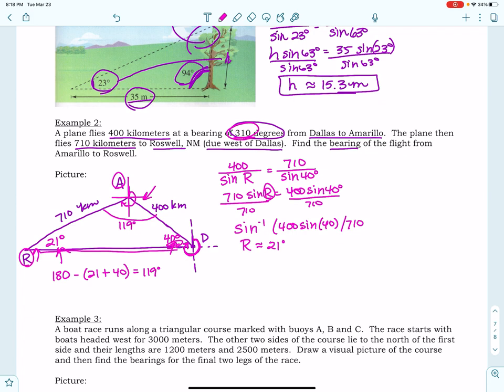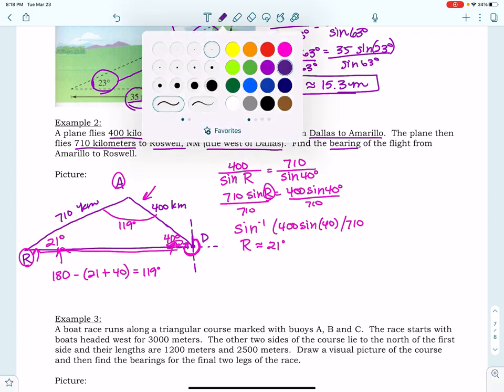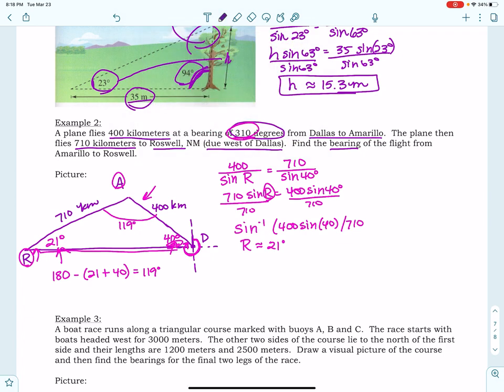Okay, so here's what I need to do next. Let me erase a little bit of this so we can see it better. All right, so I'm going to switch colors here. I'm going to use a little bit darker color, and I'm going to draw in my XY axis, because that will help me.